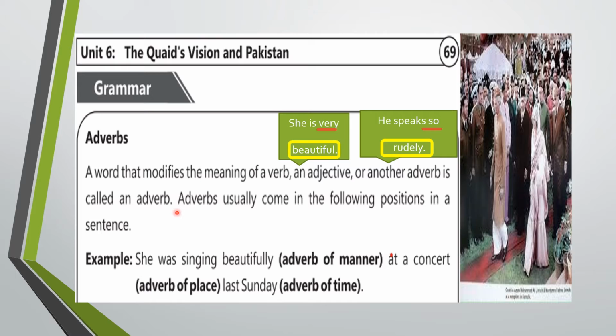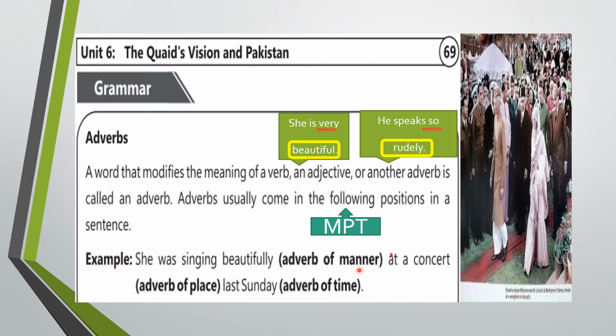Now come to this one. Adverbs usually come in the following positions in a sentence. Before explaining this point, I think you must know that there are different types of adverbs. Adverbs of place, time, manner, degree, and quality. Now, when there are two or more than two adverbs in a sentence and they are coming after a verb, usually they follow the order MPT.